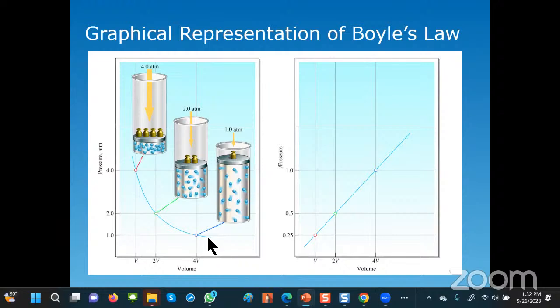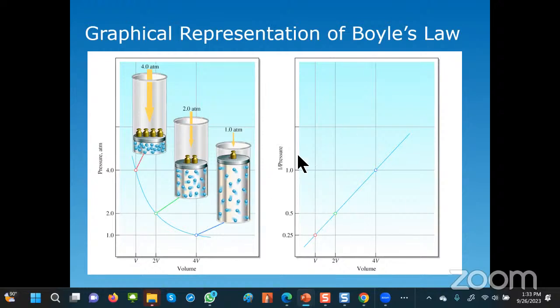As you go from 4 volume units to 2 volume units, there is a corresponding doubling of the pressure from 1 atmosphere to 2 atmospheres. And then if you reduce the volume further by half, the pressure is doubled. So that's the inverse relationship between the pressure and the volume of a gas.